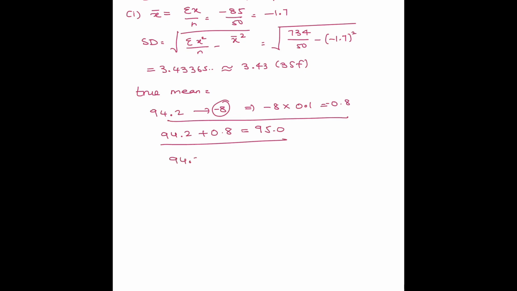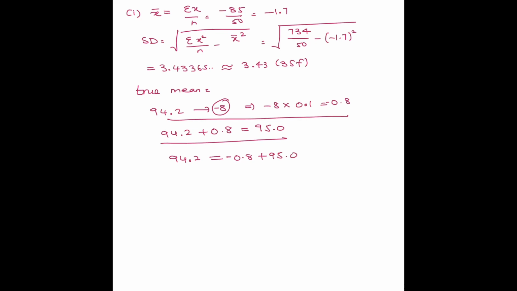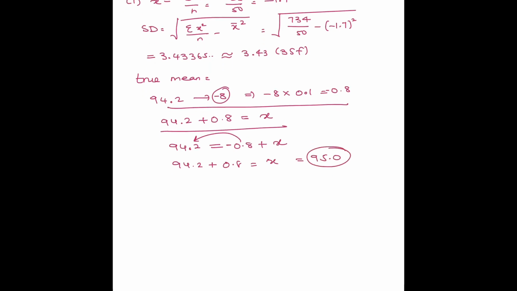Because 94.2 became negative 0.8, which is recorded as negative 8. So the original should be something minus, how does it become negative 8? 95.0. That's what I do, right? I send it to the other side: 94.2 plus 0.8. Let's say this is x. If you don't understand that, so x is 95.0.